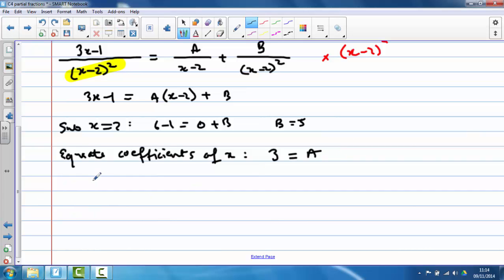And so therefore we can write our original fraction as simply 3 over x minus 2 plus 5 over x minus 2 all squared.